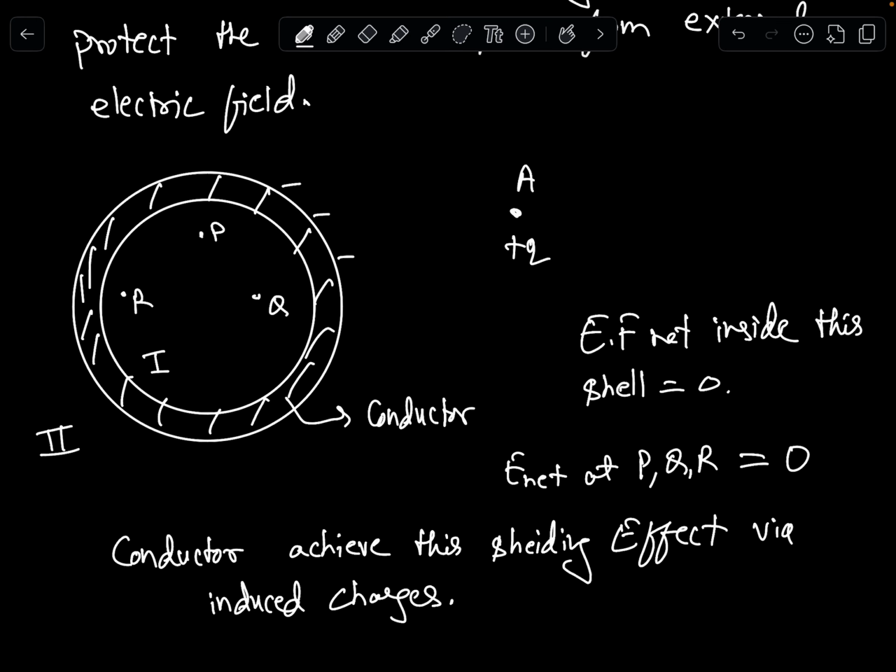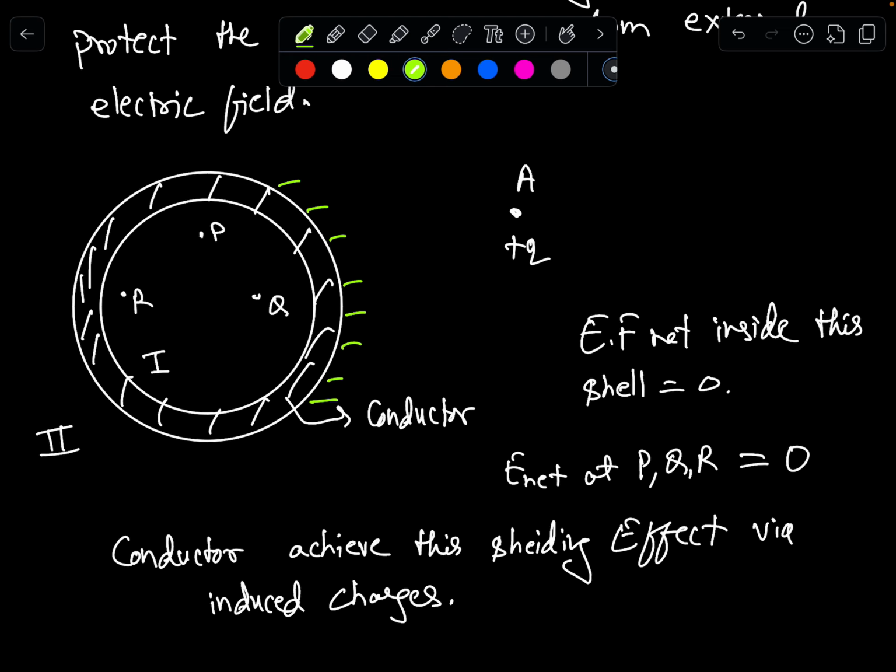Let me change the color of the marker. Let's say it's a negative charge, I will draw it with green. Because it's a positive charge, it will attract free electrons on this side. Initially I have not given any charge to the conductor, so that shell was electrically neutral.